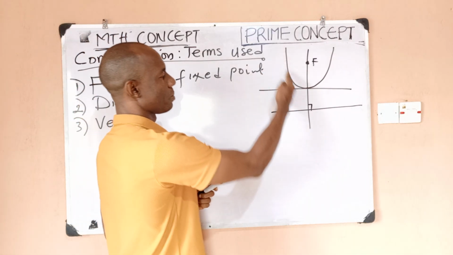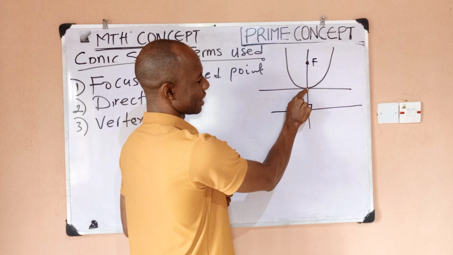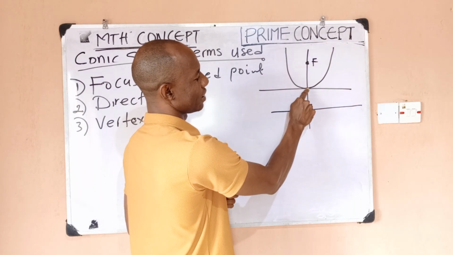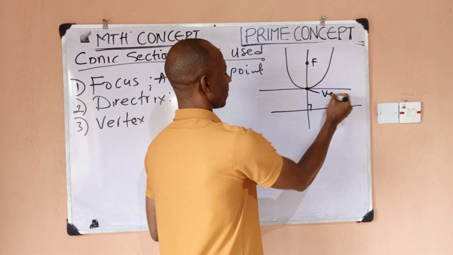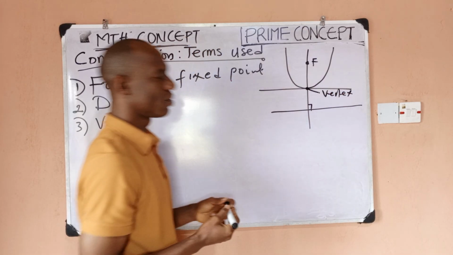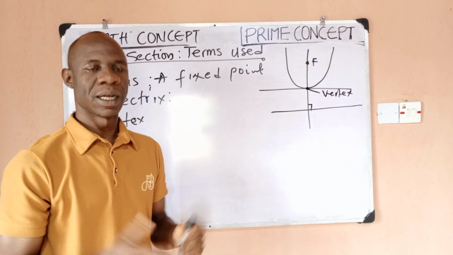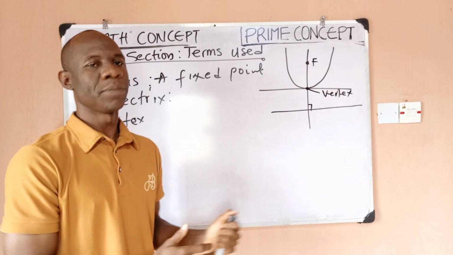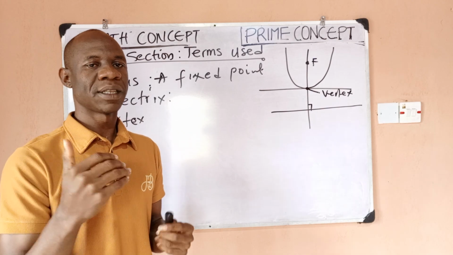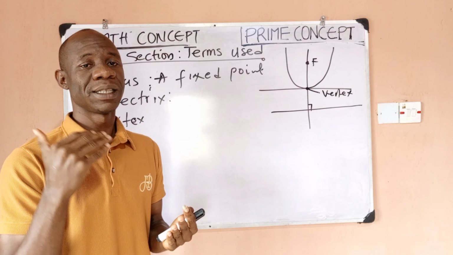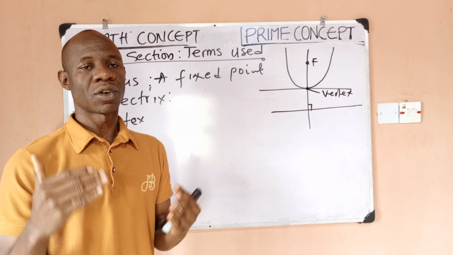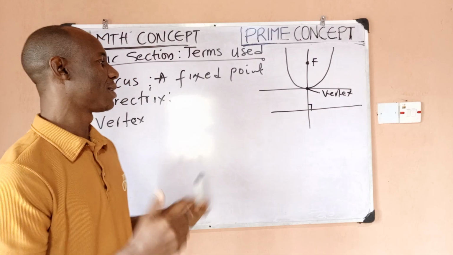So if you look at this parabola, this end is the turning point. So this point is what you call the vertex of a parabola. While for an ellipse or hyperbola, the vertices are the points where the ellipse or hyperbola crosses the major axis. That is the vertex.